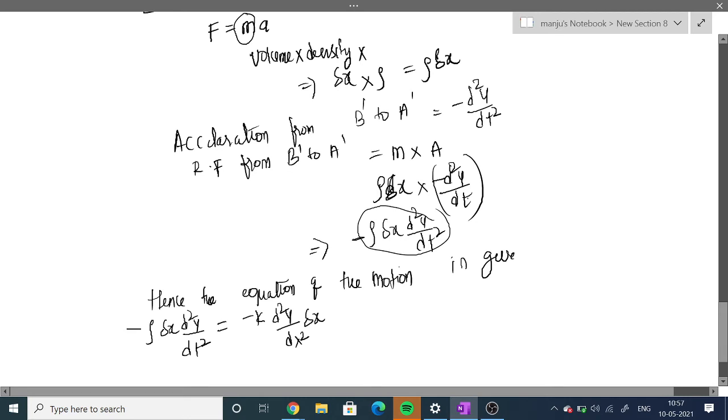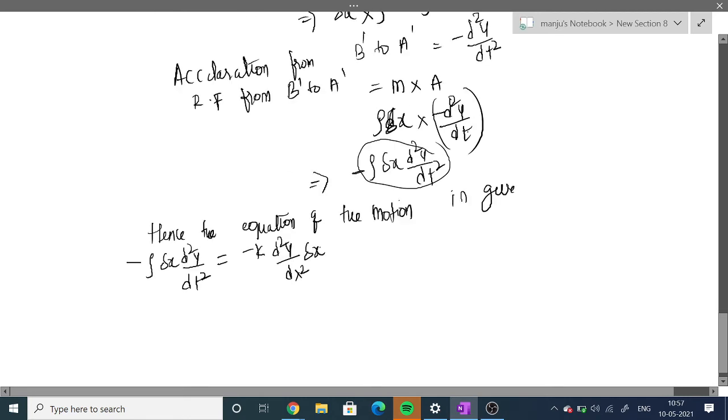On simplifying, the delta x and delta x get cancelled, and the minus signs get cancelled. So d square y by dt square is equal to K by rho d square y by dx square.